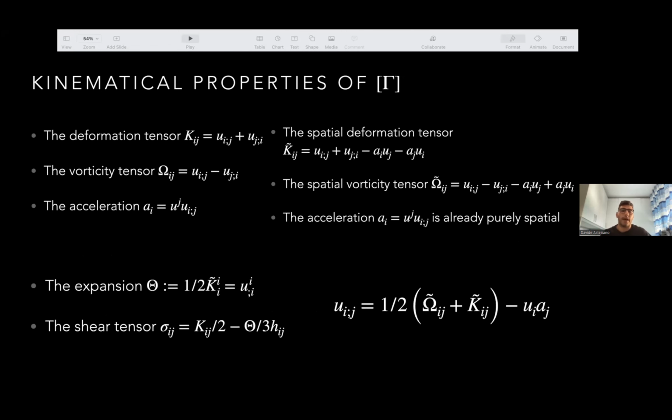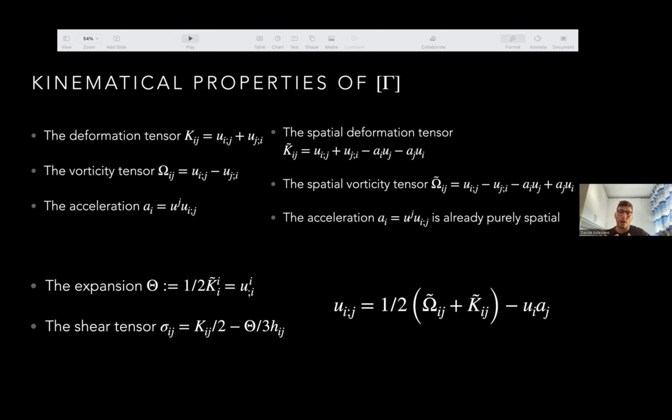We can also define the expansion, that is the trace of the deformation tensor, and the shear tensor, that is the off-diagonal terms of the deformation tensor. It is very important because now we can put together all of these ingredients and write the covariant derivative of the four-velocity of the field in this way.